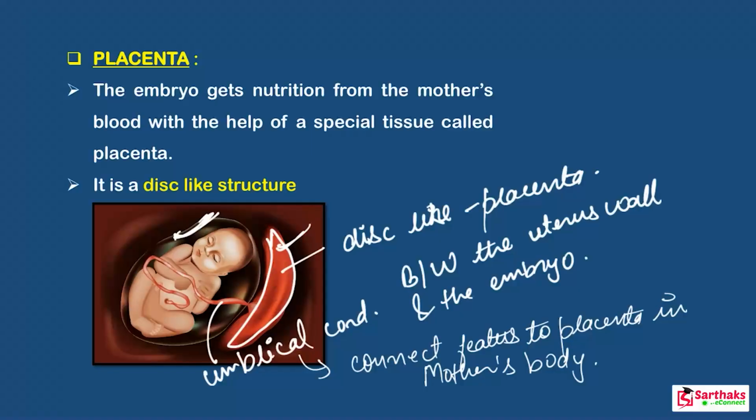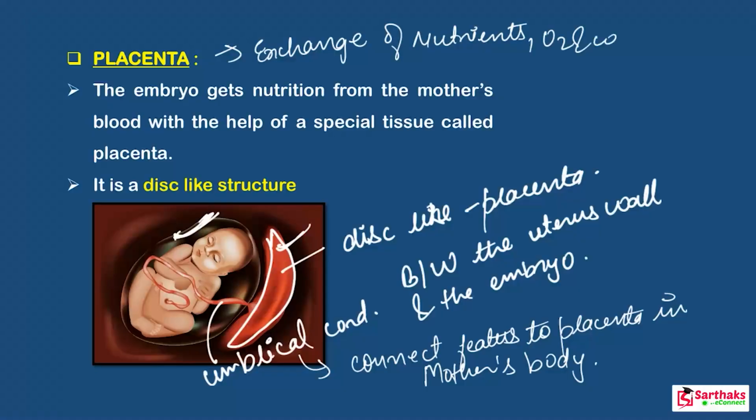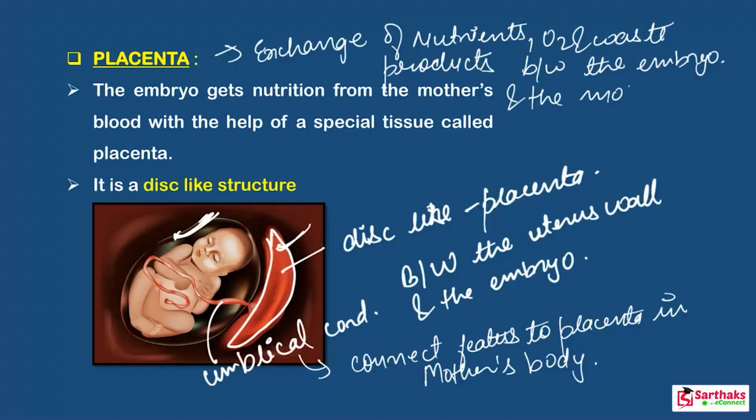In other words, in simple language, let me explain the function. The function of the placenta is that it helps in the exchange of nutrients as well as oxygen and waste products between the embryo and the mother, which takes place through the placenta.